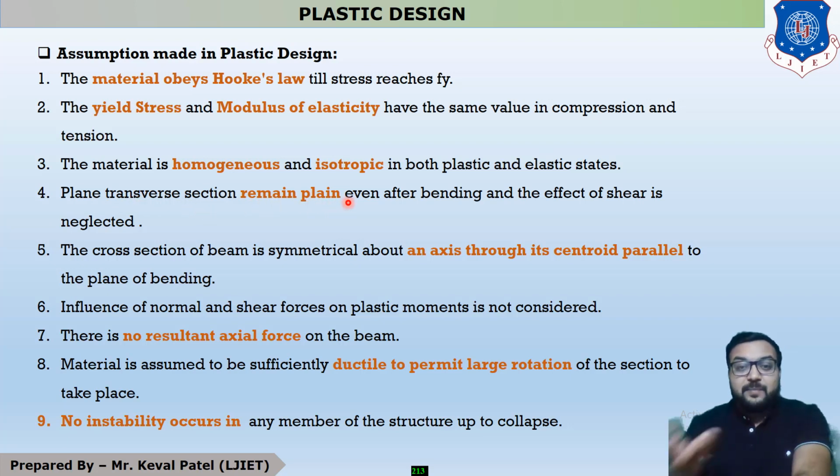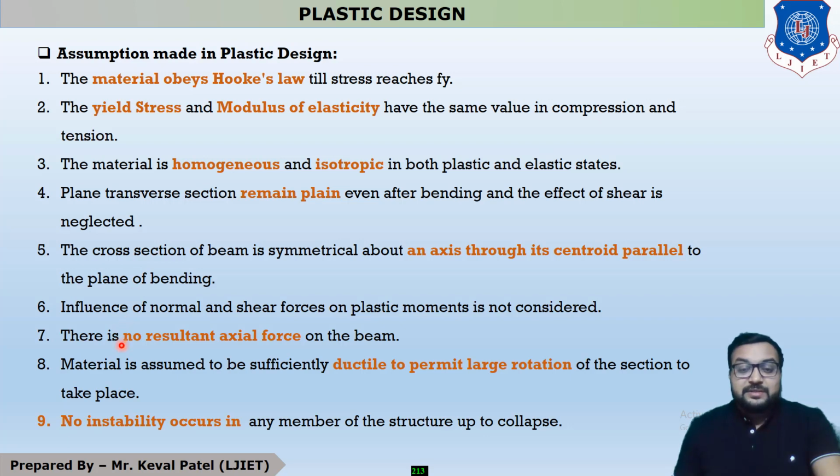Even after bending your material, the plane transverse section remains plane, and it is because of its elasticity. Your fifth assumption is that the cross section of the beam is symmetrical about an axis through its centroid.